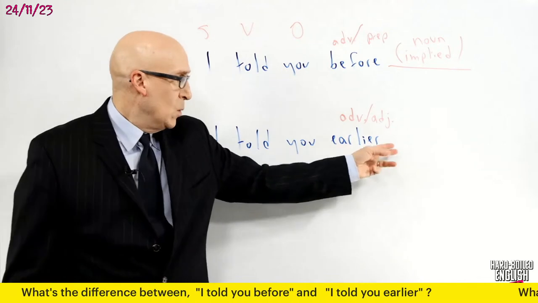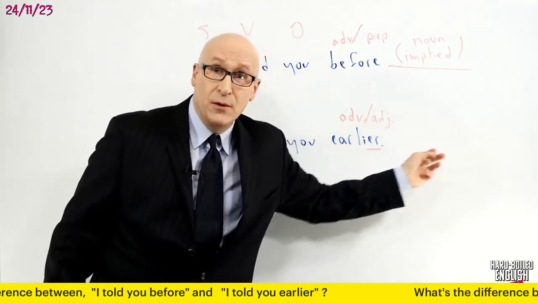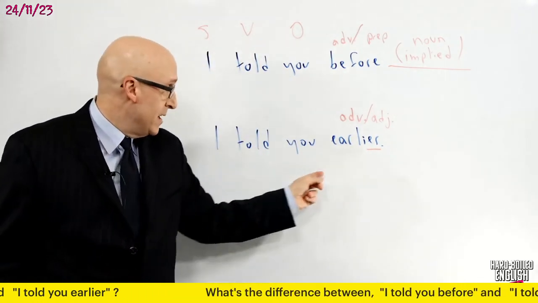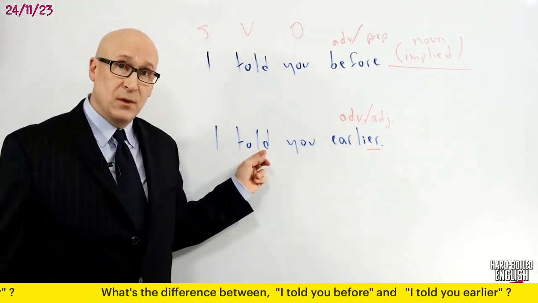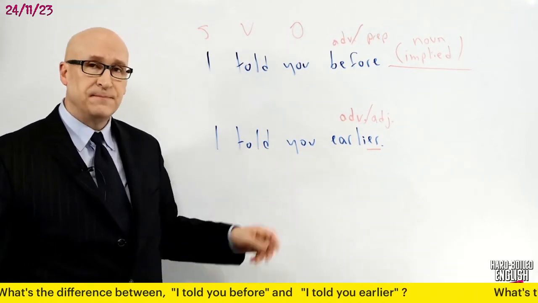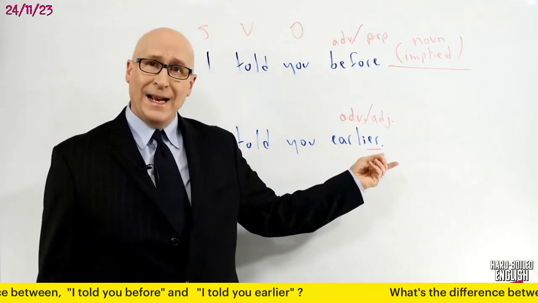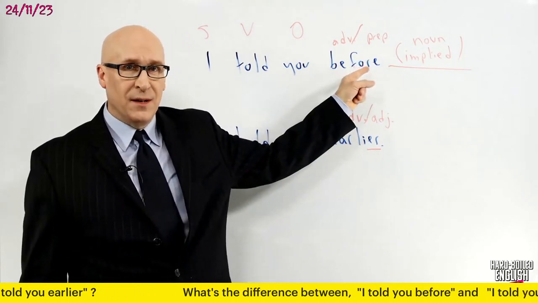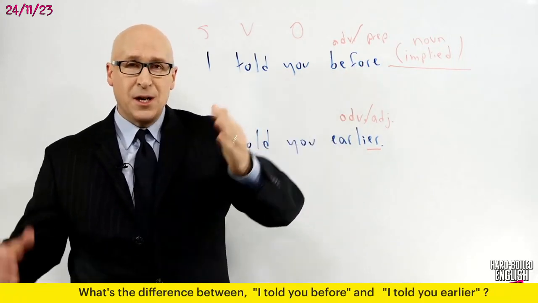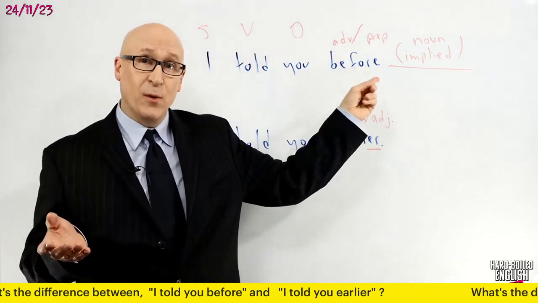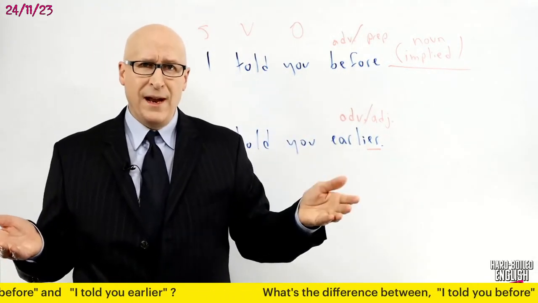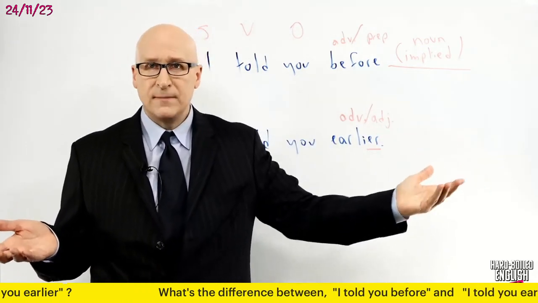Now, we don't have a noun to describe. So in this structure, it's acting as an adverb, telling us when you did this action. But in its core, it's a comparative adjective. Before is not. We don't compare with the word before, right? I don't say, "I told you before then something."